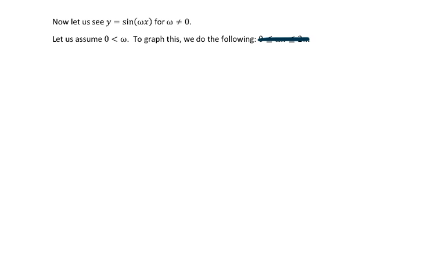Now, to actually graph this, we have to figure out the period. Well, we know that as omega times x ranges from 0 to 2 pi, sine of omega times x completes a cycle.